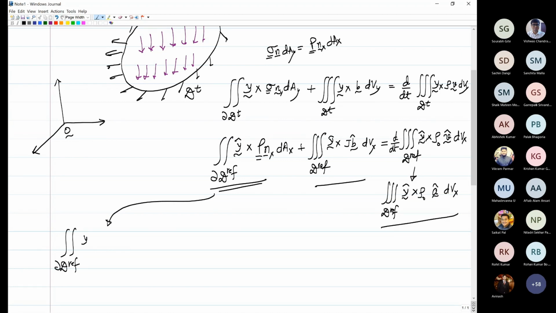We have y hat, a cross product, so first of all, we are going to have epsilon ijk, then y hat j, and then the k component of P times nx, which is P kl into nx l, e i.